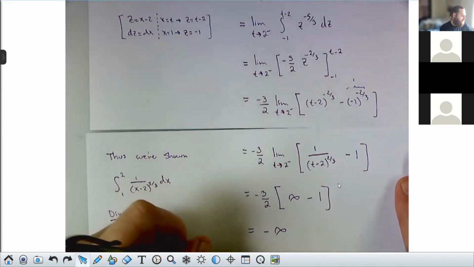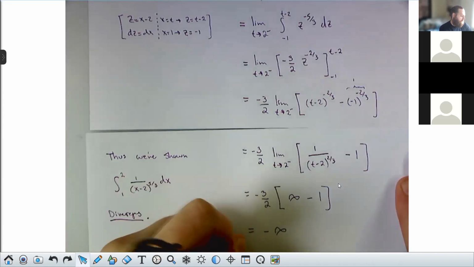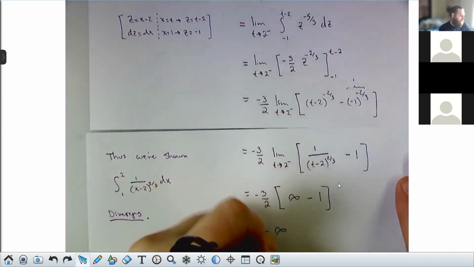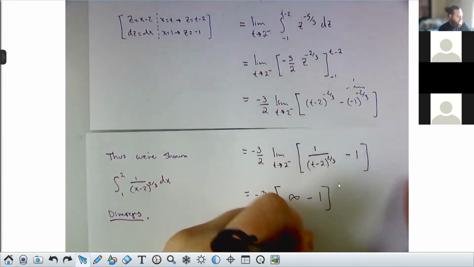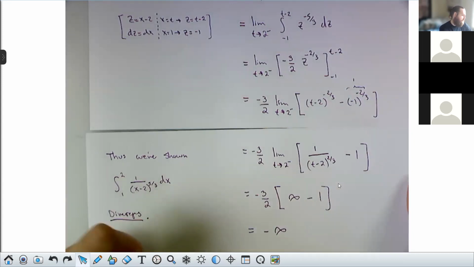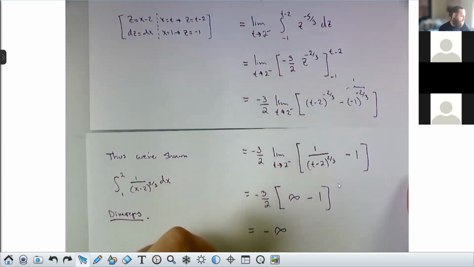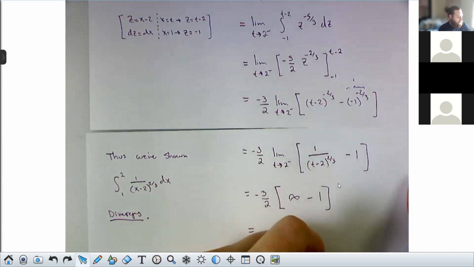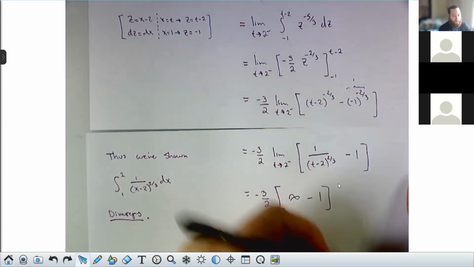Any part of an improper integral diverges, then the whole improper integral diverges.